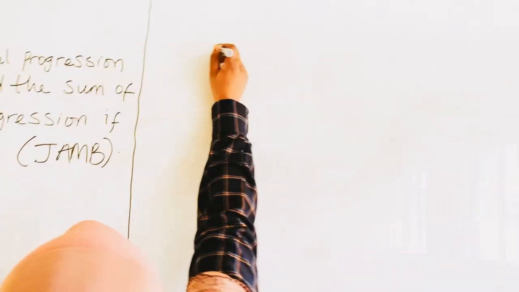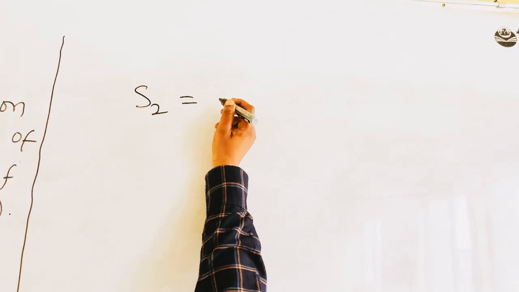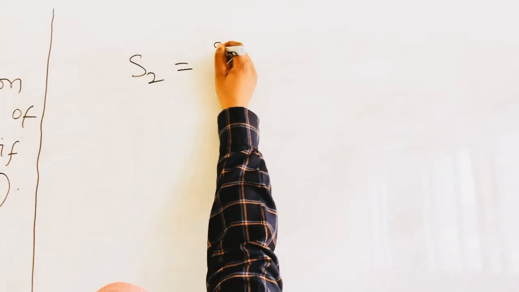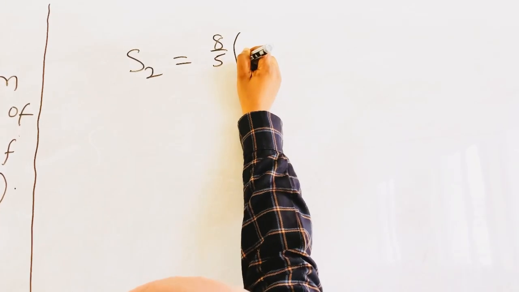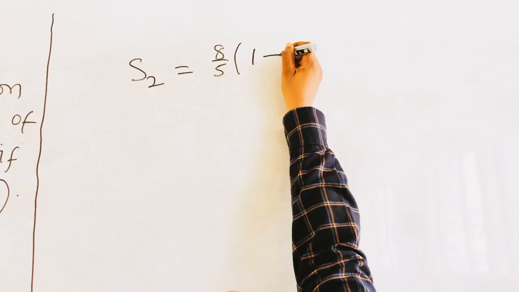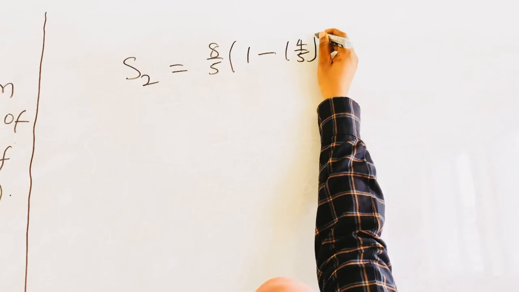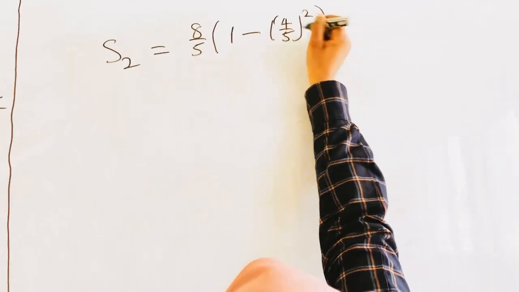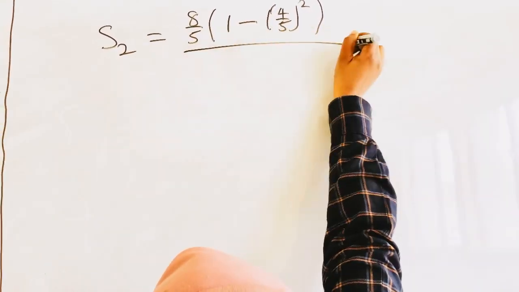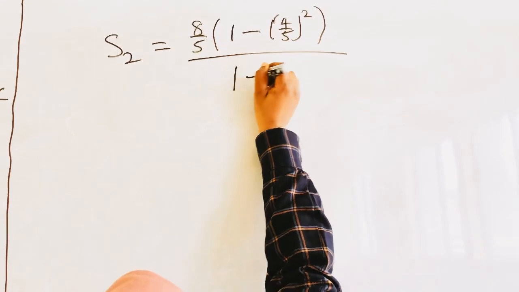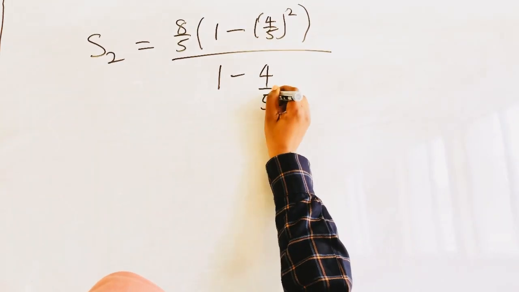So S subscript 2 will be equal to, anywhere we see a, we are going to put 8 over 5 into bracket 1 minus r, where r is equal to 4 over 5. Then we square it, cover everything over 1 minus 4 over 5.